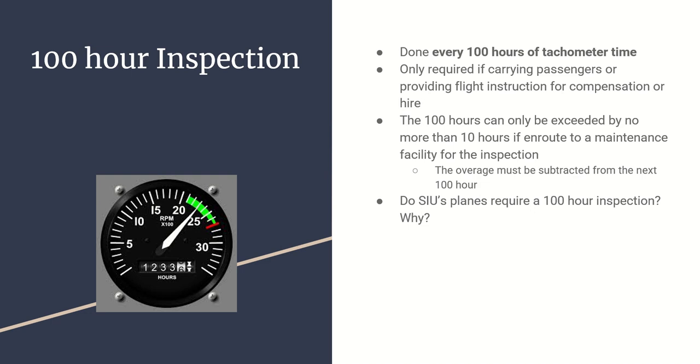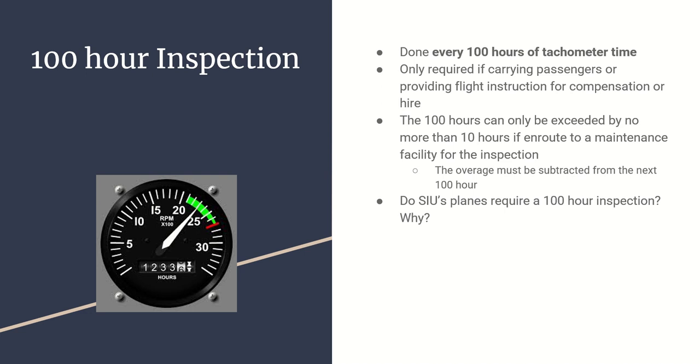Okay, so if we are going on a 3-hour trip to find a place to do the 100-hour inspection, and we are going to be, I don't know, 2.5 hours over, totally fine because we're going to get another one done. It's just that now we have to subtract whatever that overage is from the next 100-hour inspection.